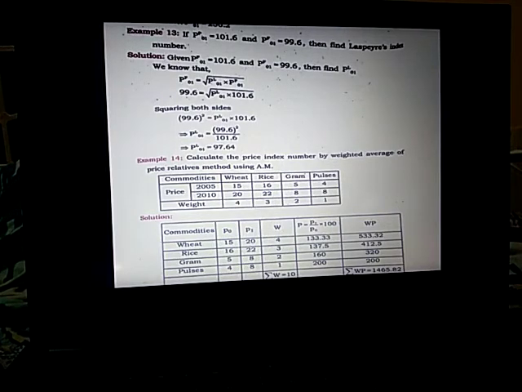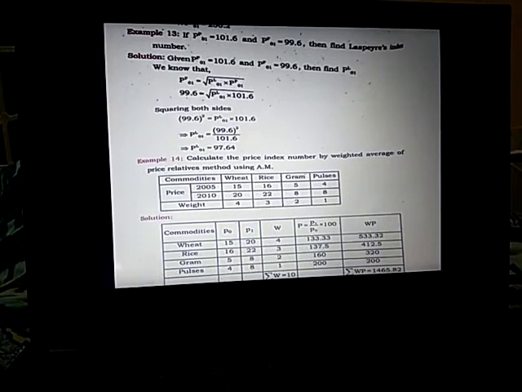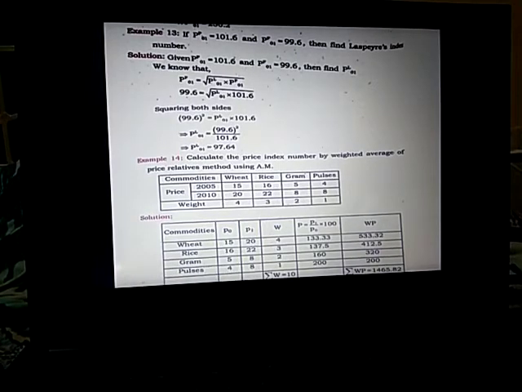We have the formula. We'll calculate whatever we know. We have commodities, we have P0 and P1, the prices of them, and then we have the weight. So we'll calculate P, that is P1 by P0 into 100, and then we'll calculate WP. WP will be W into P. You have to multiply.